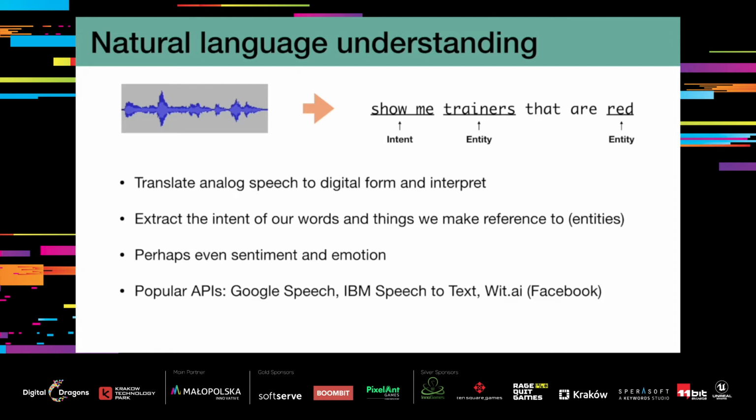And as part of this, the algorithms look to extract the intent of what we're saying and the things that we make reference to when we're speaking, and call these entities. And perhaps even go further to understand our sentiment and the emotion in our voice when we're speaking. There are some popular APIs out there to do this, from Google, from IBM, from Facebook, and others.